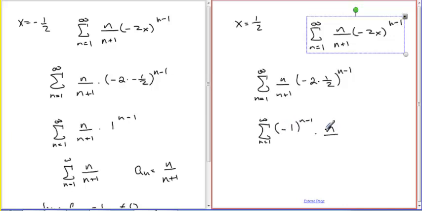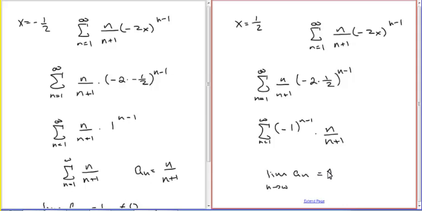So this is an alternating series, but it doesn't converge because it also doesn't satisfy the nth term test. This still doesn't go to 0. So the two requirements for the alternating series: this goes to 0, which it doesn't. Again, the limit as n goes to infinity of a sub n equals 1, which doesn't equal 0. And so it doesn't pass the first part of the alternating series test. So this also diverges.